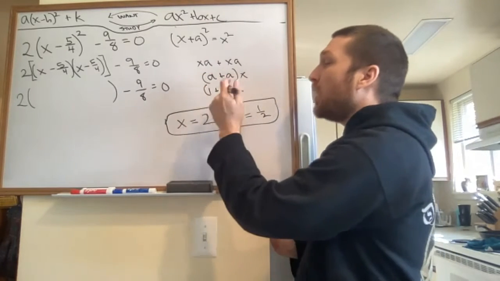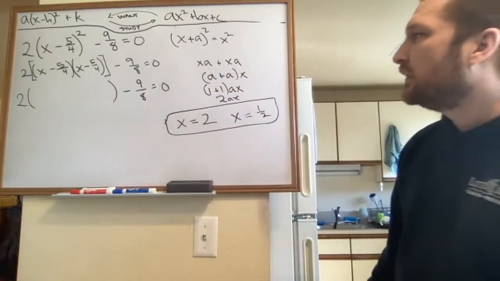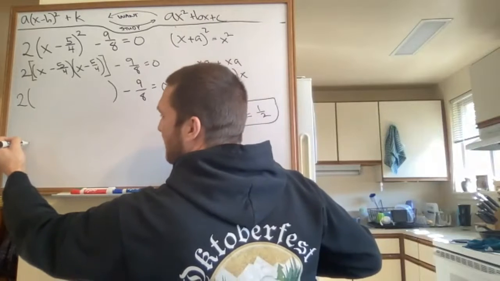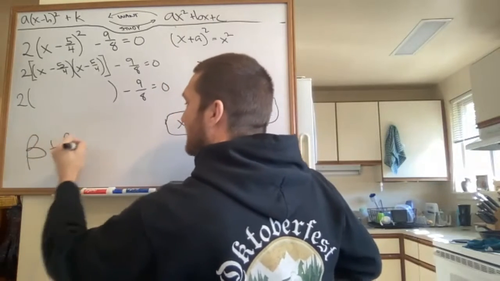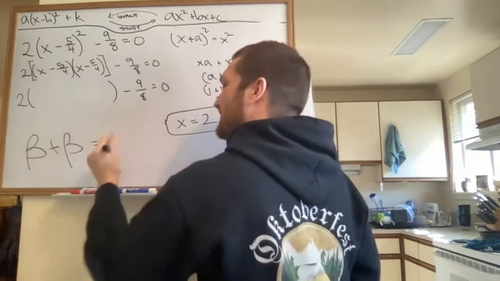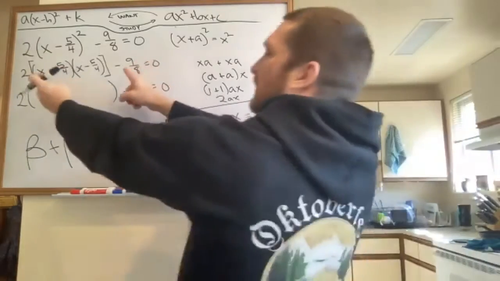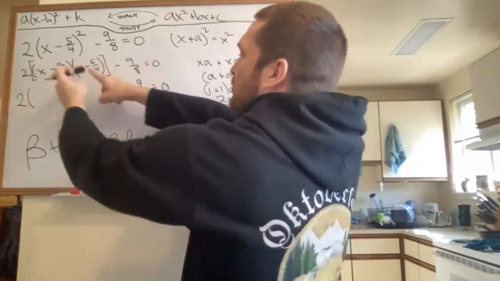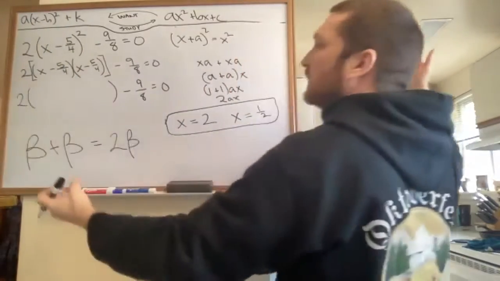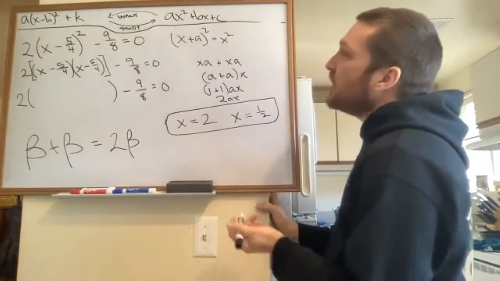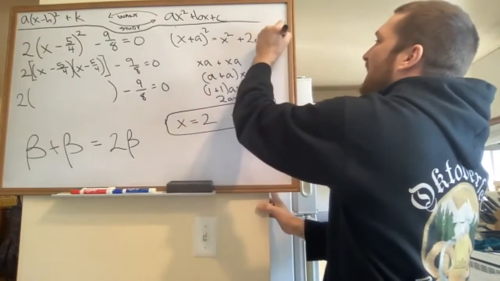Oh, 1 plus 1 is 2. Adding something to itself is the same thing. Let's use a Greek letter: beta plus beta. Any number plus itself is the same thing as 2 times that number. And so the outer and the inner are always just going to be 2 times whatever the outer is or whatever the inner is, right? So in this case, we end up with plus 2ax and then finally a squared, right?